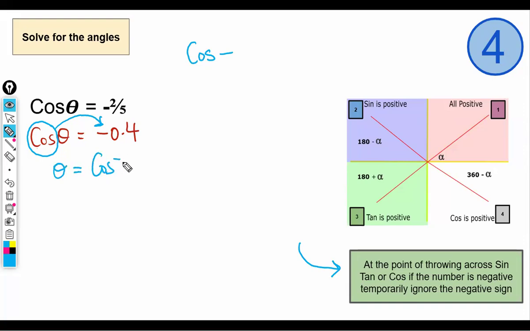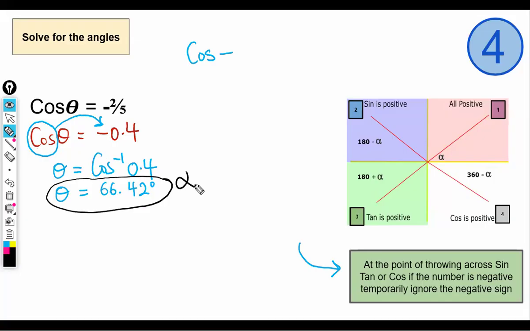So I find the cos inverse of normal 0.4, not negative 0.4. Let's see how much we get. Cos inverse 0.4, I'm getting 66.42 degrees.